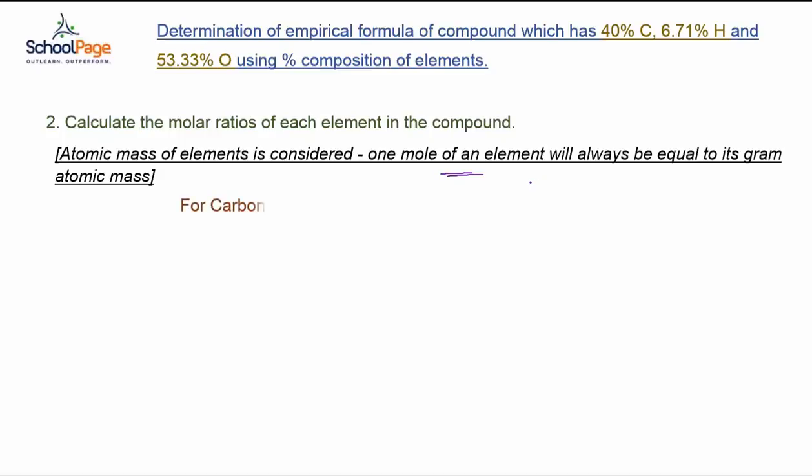So, for carbon, 1 mole of carbon will be 12 grams. We have 40 grams of carbon according to the previous conversion. So, how many moles will be the 40 grams of carbon? This is what we have to calculate.